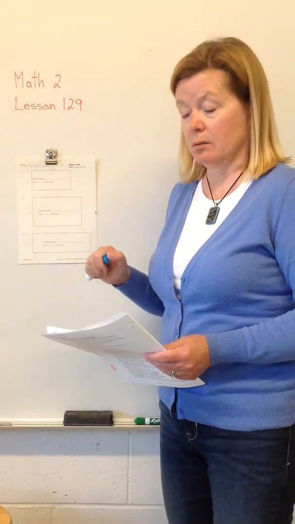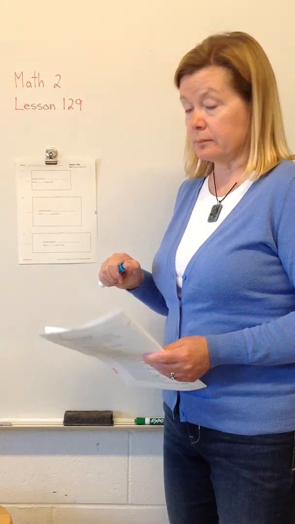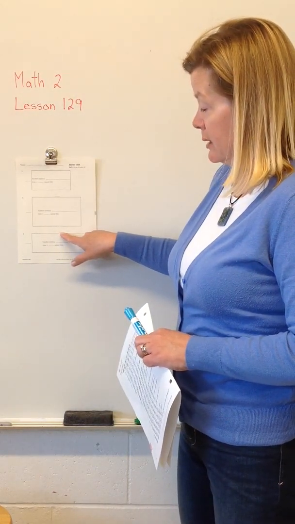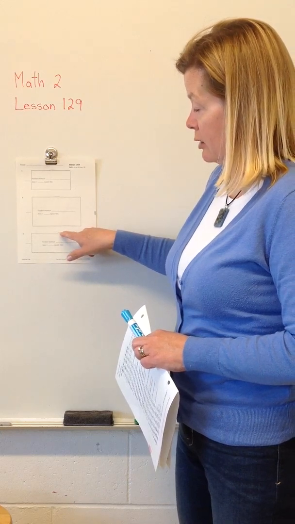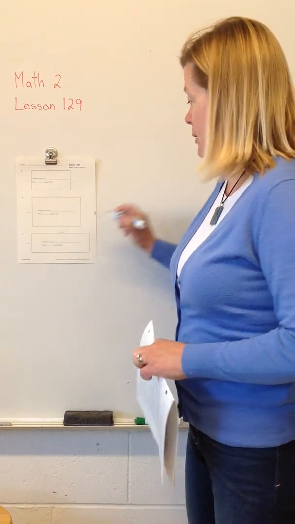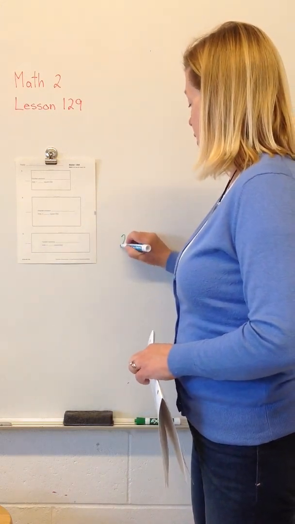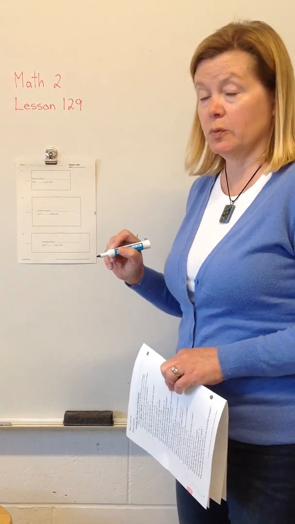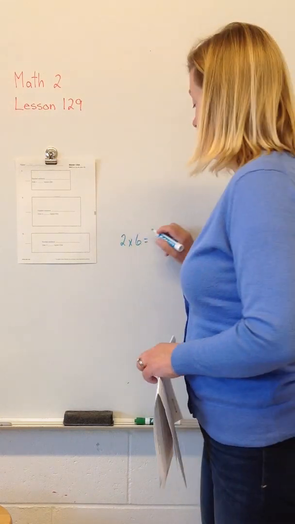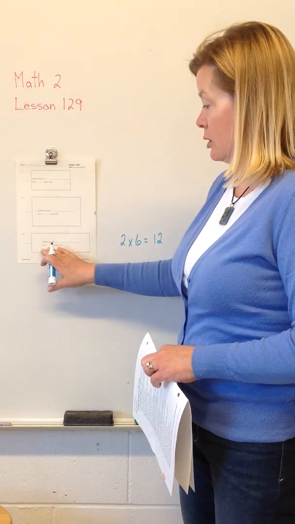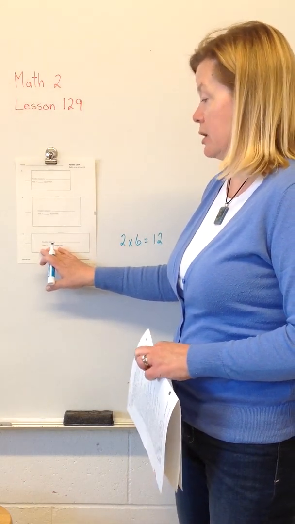Did I guess right? So write 6 above the rectangle. Now let's write our number sentence. Remember, we say how many rows first when we write our number sentence. And 2 groups of 6 is 12. So then area equals 12 square tiles.